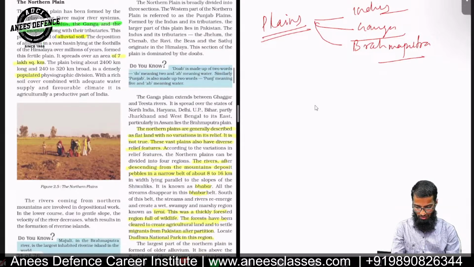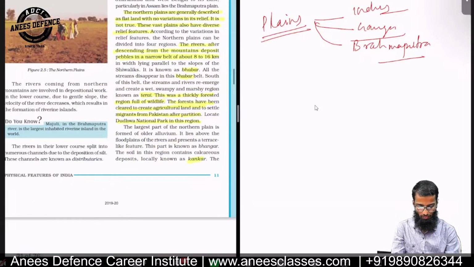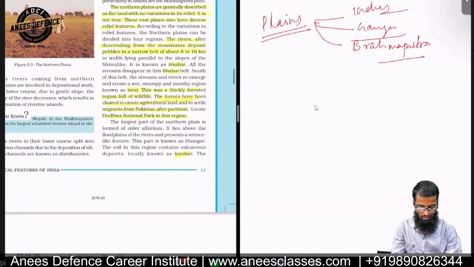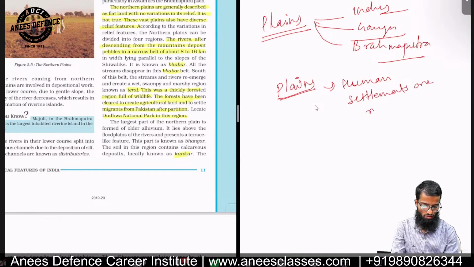You know that for us and in any country, when you have a lot of plain area, human settlements are more, because more and more people tend to settle on the plain areas.